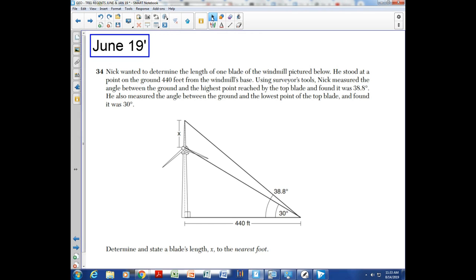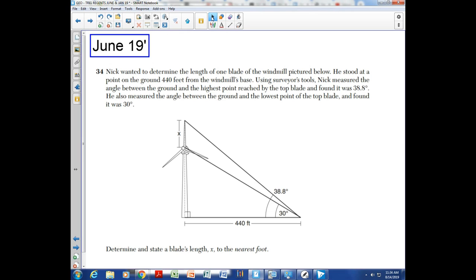Using surveyor's tools, Nick measured the angle between the ground and the highest point reached by the top blade and found it was 38.8 degrees. He also measured the angle between the ground and the lowest point of the top blade and found it was 30 degrees. Find and state a blade's length, x, to the nearest foot.